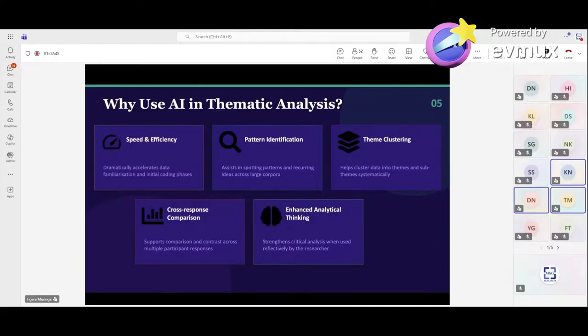So why then should we as researchers, at our postgraduate stage, use AI for thematic analysis? We must use it because it assists us in increasing the speed and efficiency at which we do familiarization and the initial coding phase.